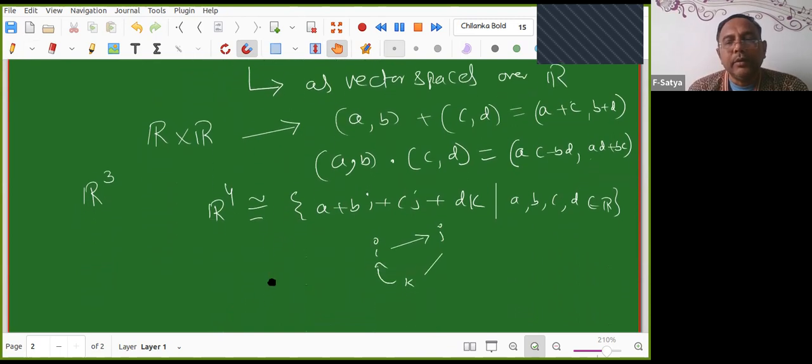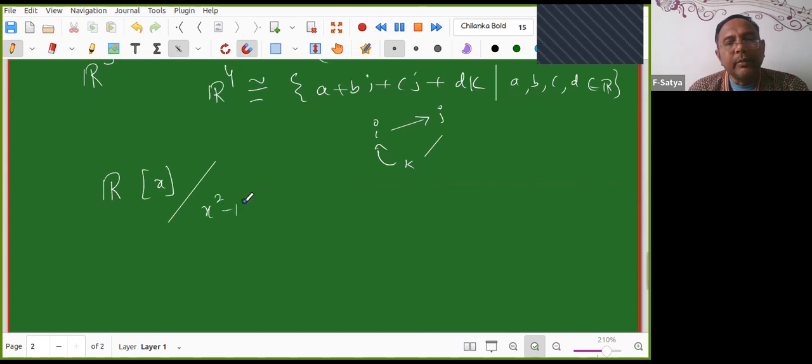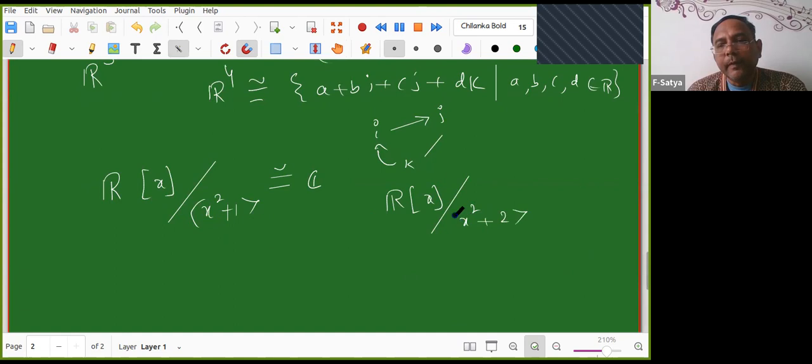Okay, why am I telling these things? Because now you see that R[x]/(x square plus 1) is isomorphic to C, it is actually equal to C. And R[x]/(x square plus 2), what is it isomorphic to?